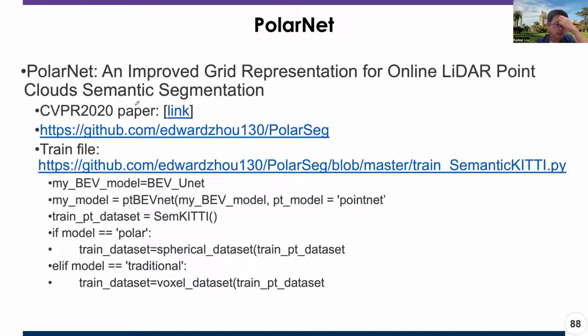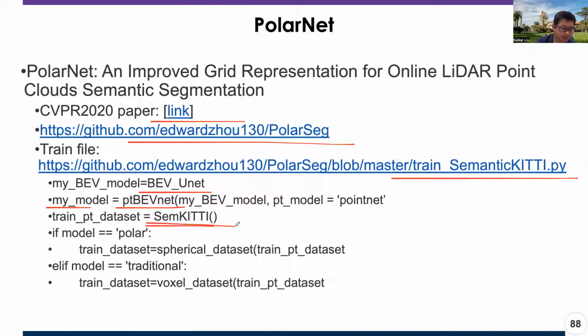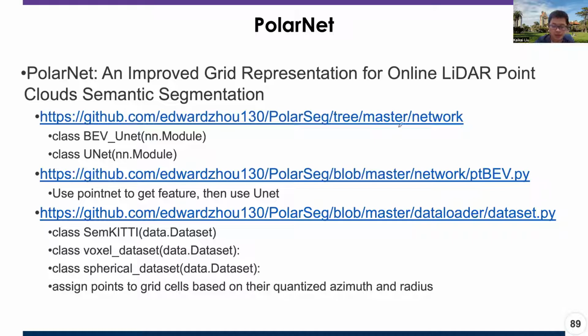If you see PolarNet's implementation, you can see here, and you can also check the CVPR paper here. This is their main train file. In the main train file, they set up the BEV UNet, then set up the model, called BEV net. This class is still similar to the previous RangeNet code. They're using SemanticKITTI to get the train point cloud dataset, and they can differentiate whether it is the polar model or the traditional model. They have different datasets. Then the network: the BEV UNet is bird's eye view.